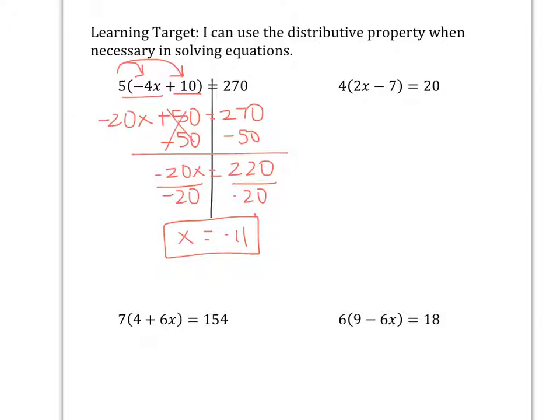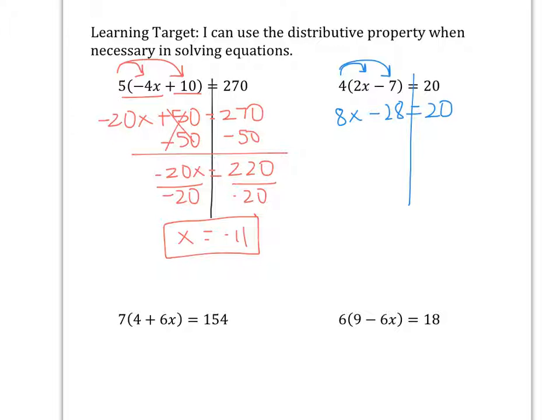All right, let's take a look at our second example here. I have 4 times the quantity, and when I say quantity, that means parentheses with terms inside of it. So 4 times the quantity, 2x minus 7 equals 20. Again, I always like to draw arrows because that helps remind me what I need to multiply the 4 by. And 4 times 2x is 8x, and 4 times negative 7 is negative 28.